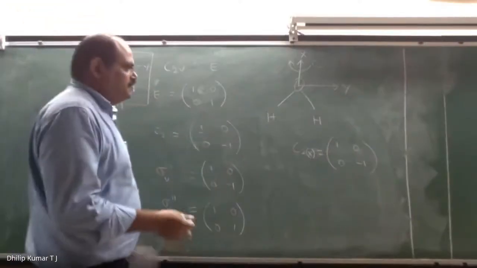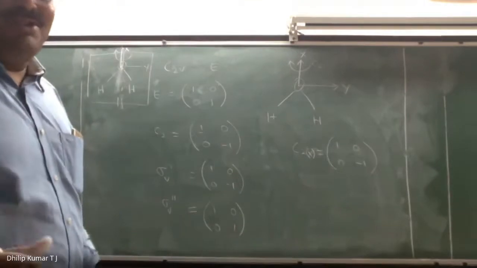But I think a two-dimensional matrix we can use in the BCl3 molecule, but not in the water molecule, as it is not planar. It's pyramidal in structure, maybe. Sir, you're muted.